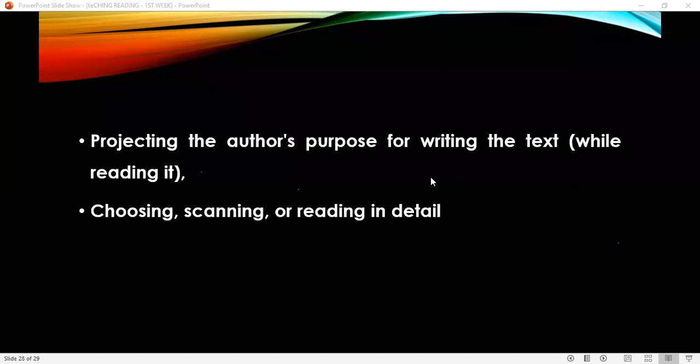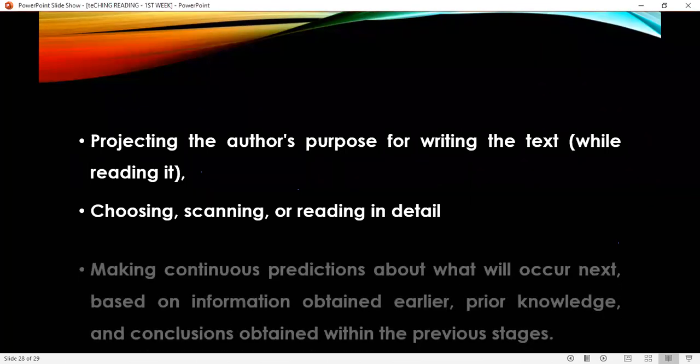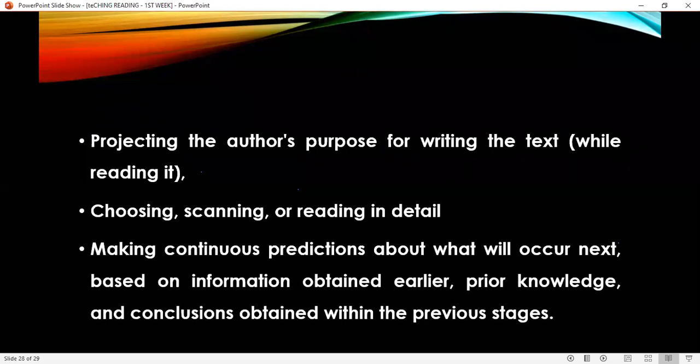All right? So notice here, what is the metacognitive view? Notice the difference with the other two. So, making continuous predictions about what will occur next, based on information obtained earlier, prior knowledge, and conclusions obtained within the previous stages.